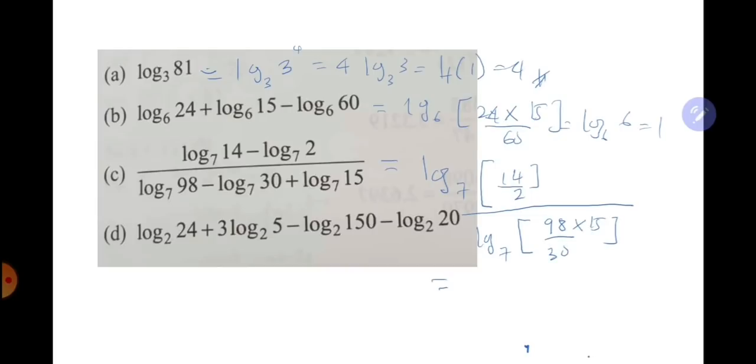So you get log 7 over log base 7 of 49. This one is 1. You have 49, this is 1 over 49, you can rewrite as 7 power 2 base 7, so log 7 is 1, so you get 1 over 2.